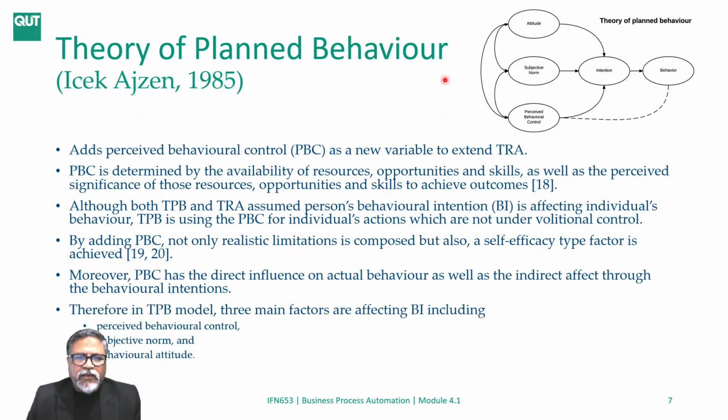So, the theory of planned behavior has three main factors that affect the behavioral intention, that include perceived behavioral control, subjective norms, and of course behavioral attitude. However, there are two problems with this model as well. First, one's attitude towards information technology will not be largely relevant if a computer system is not accessible.